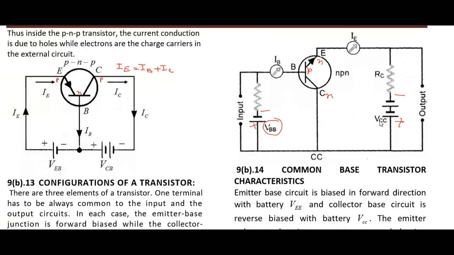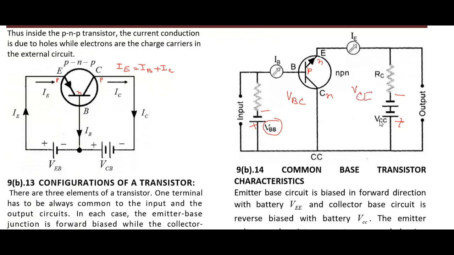So this section corresponds to input. Here you apply the input. From here you get the output. Again, this is common collector, so this voltage will be VBC. And the output voltage here will be VCE.